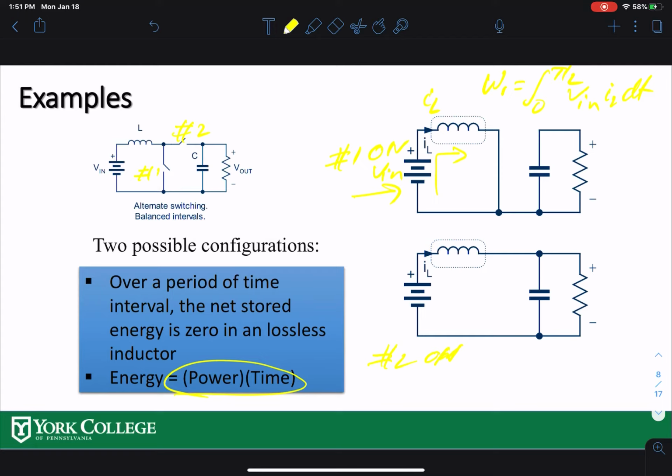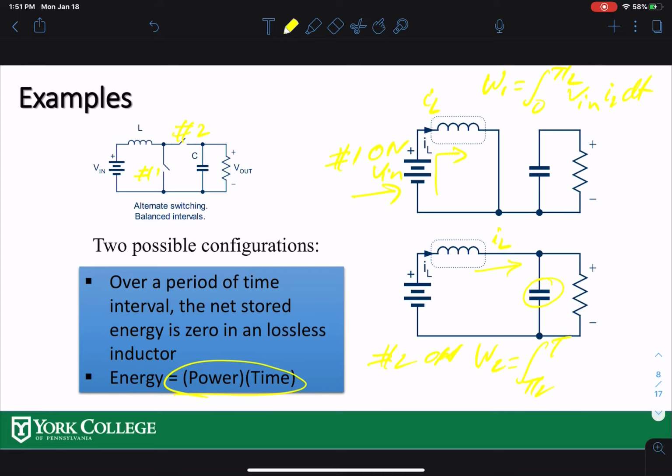And when switch 2 is on, your inductor releases the energy to the capacitor, or the output load. That one would be, let's say, W2, from T over 2 to T, the latter half of the period. Energy goes from the inductor to the load, and I'm assuming the same current because inductor current cannot be changed instantaneously.